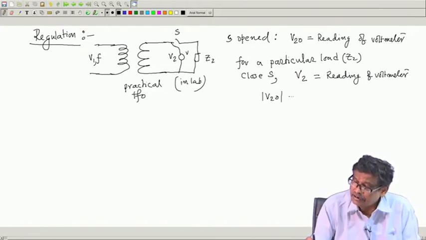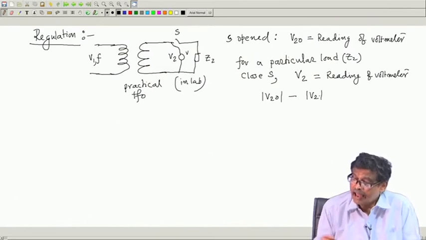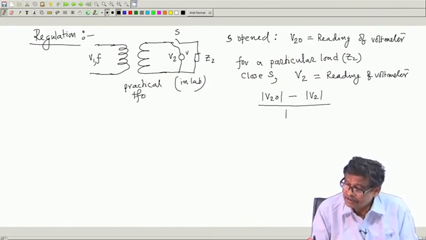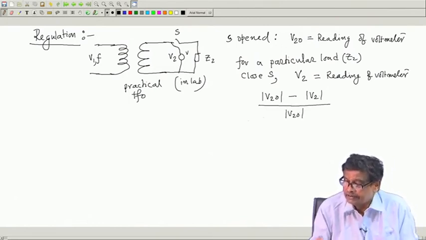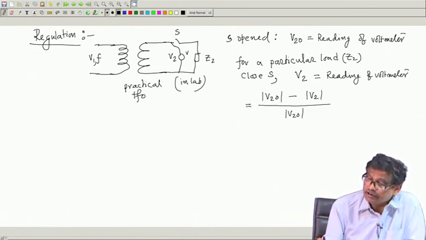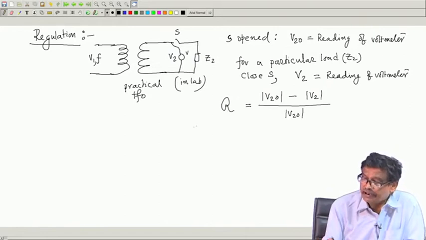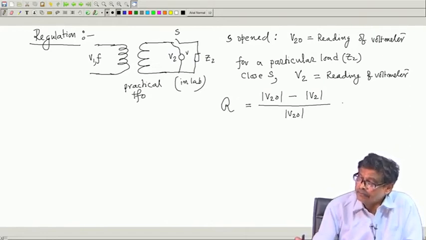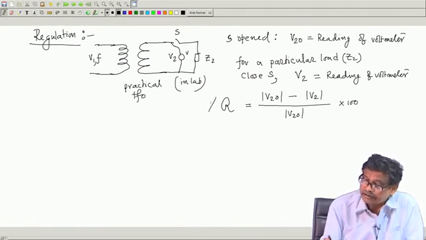You calculate this change and divide it by the open circuit voltage. With respect to that, how much is the change in voltage, and you get regulation. This is in per unit. So, multiply it with 100, get percentage regulation.